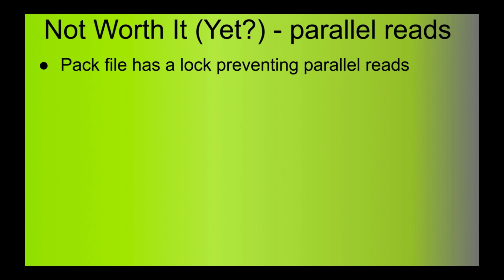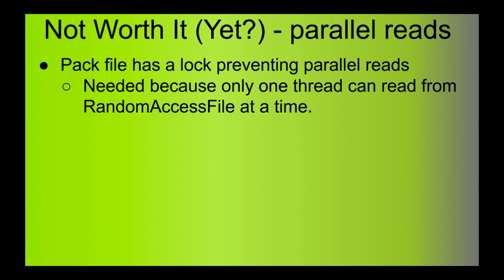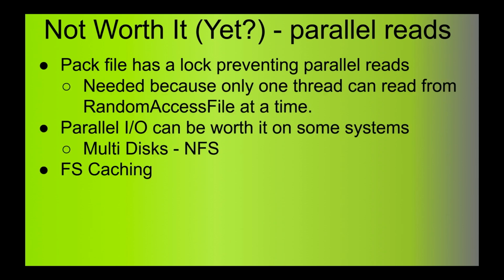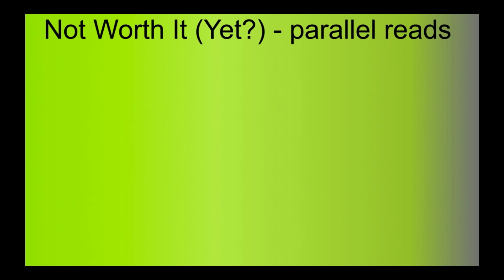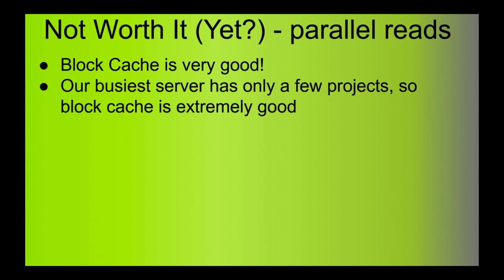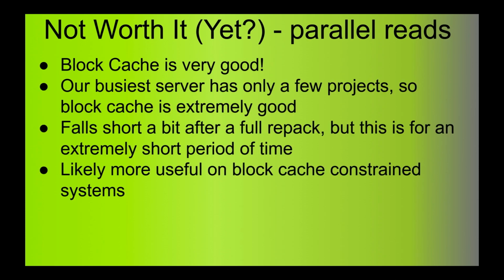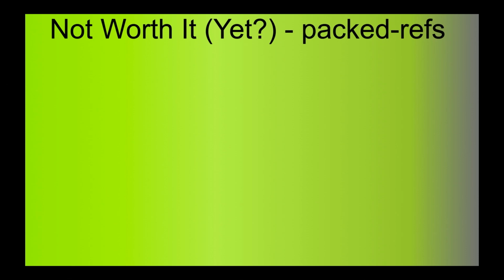I mean, these days, disks can do parallel reads fairly well, especially with NFS, or you might have a ton of disks behind it. So I introduced that, but I didn't see any performance gains. You can try it if you want. Maybe it should be merged anyways, but I found my block cache is basically too good for it to be useful for me.